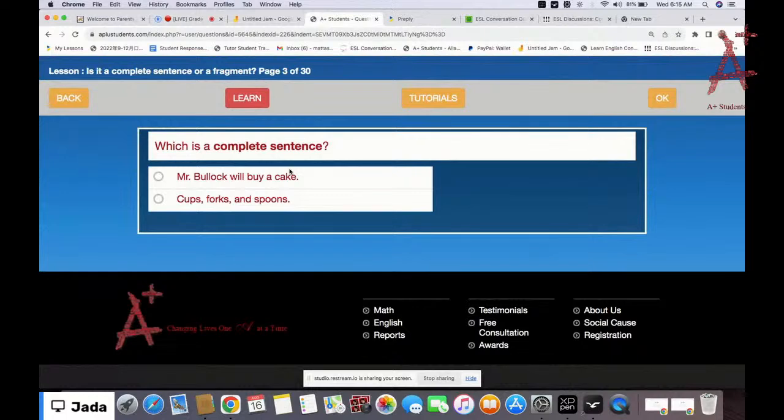Now, which is a complete sentence, because we are looking for the complete sentence, right? So now it says that Mr. Bullock will buy a cake. It makes sense because he's the subject and what is he doing? Buying a cake. So if you click on this, it is a complete sentence. But when you say cups, forks, and spoons, what happens to the cups, forks, and spoons?